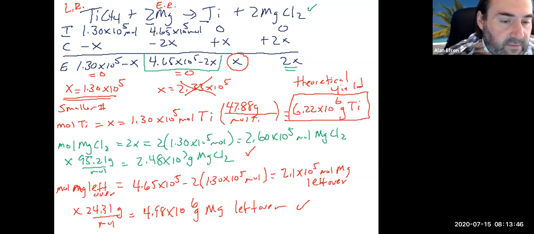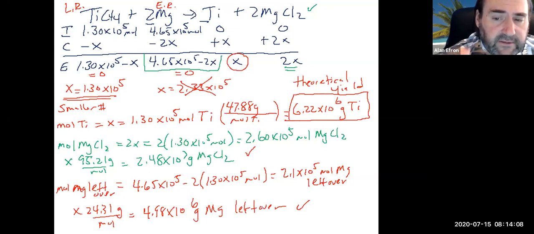Negative X, and when we do this, we do want to take in the coefficient, and for TiCl4, the coefficient is 1, so that's why it's just minus X. The coefficient here for magnesium is 2, which is why we have the 2x there. Ti's coefficient is 1, which is why there's only 1x, and 2 for the magnesium chloride, which is why the 2x.